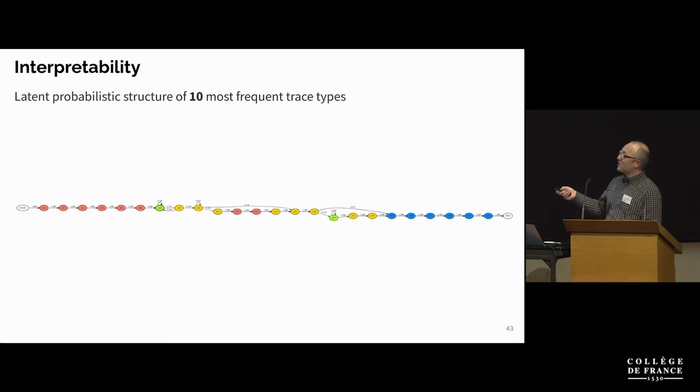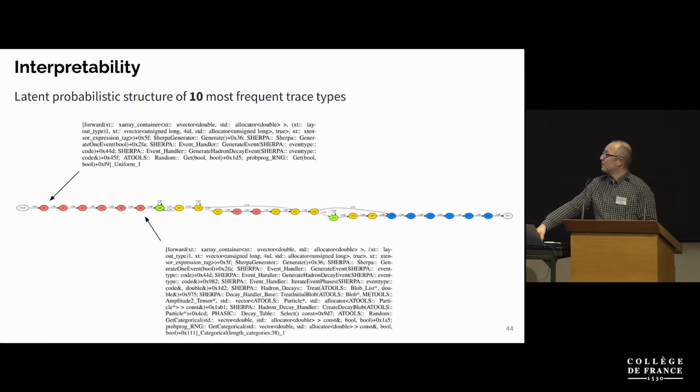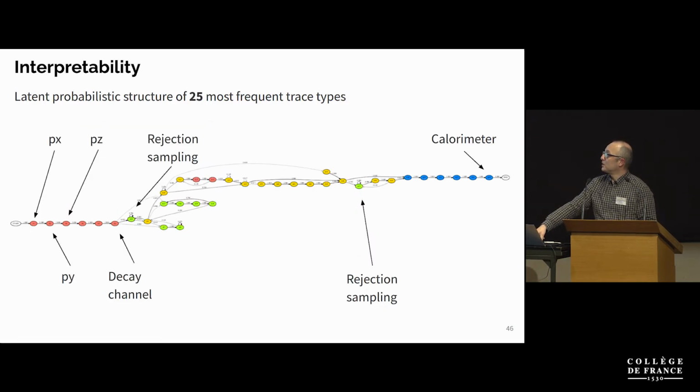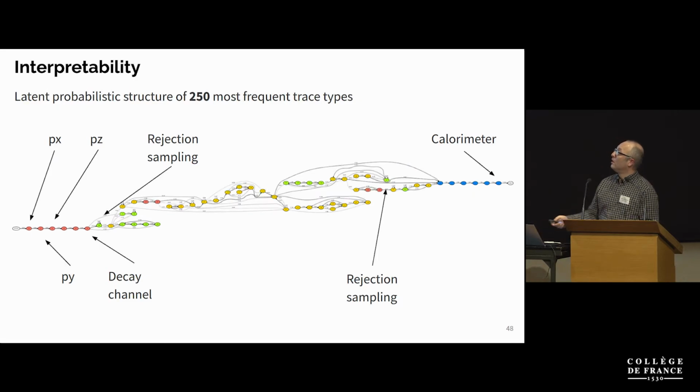Then sometimes you accept, sometimes you go back. You can interpret things this way, and you get a more and more detailed picture of what's actually going on inside the simulator as you take more trace types into account.